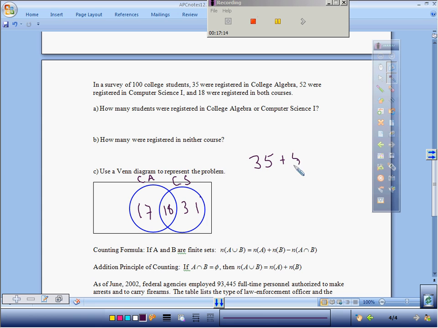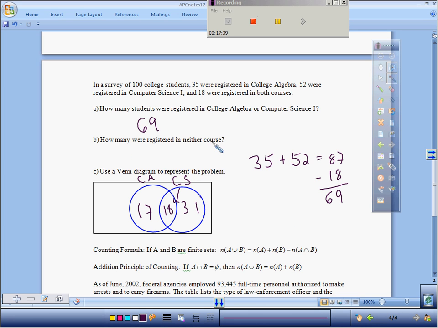That's right, Antoine. Why is it wrong? Because what about these kids here? How many times am I counting those when I do that? Twice. So I need to subtract 18. See that? Okay. And so that number is 69 students. Yeah. Okay. So the answer to that is 69 students.